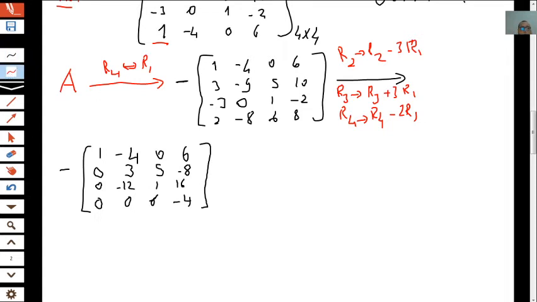So now we use the cofactor expansion to compute the determinant, and we use the first column since we have a lot of zeros here.